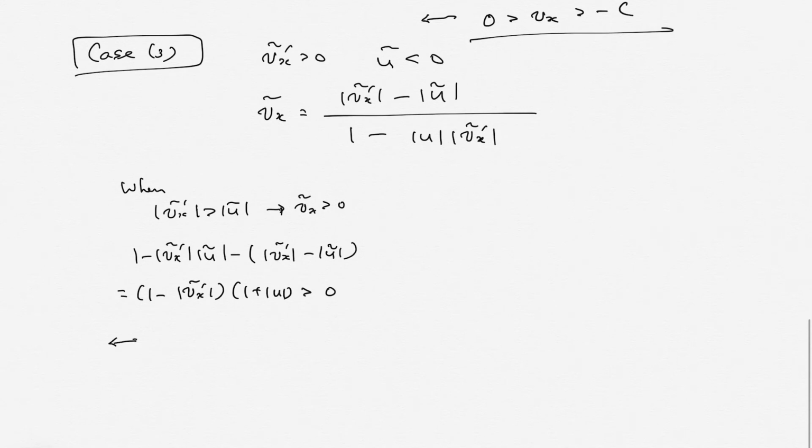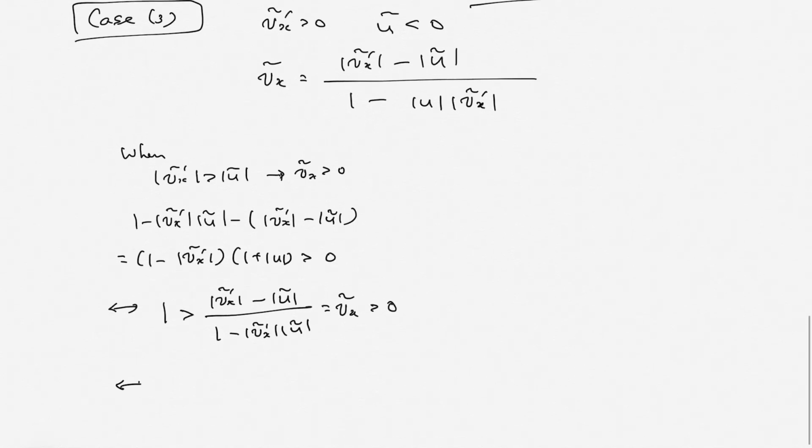So from this we can find v sub x prime tilde minus u tilde over 1 minus v sub x prime tilde u tilde. This is actually v sub x tilde, and it is smaller than 1 and larger than 0.